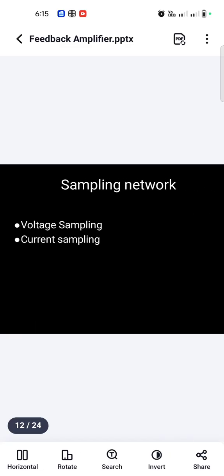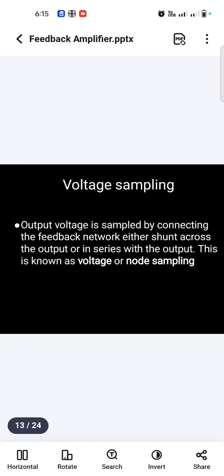Based upon the type, it will be mixed there. Okay, now we will discuss each one briefly. The first network is the sampling network. What is a sampling network? This sampling network consists of two types, voltage sampling and current sampling.